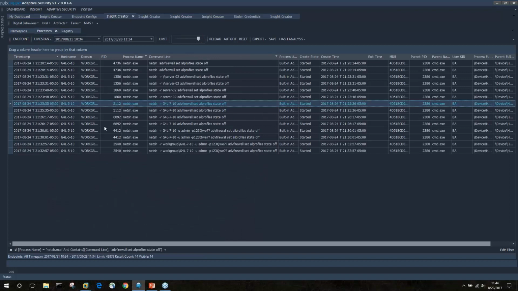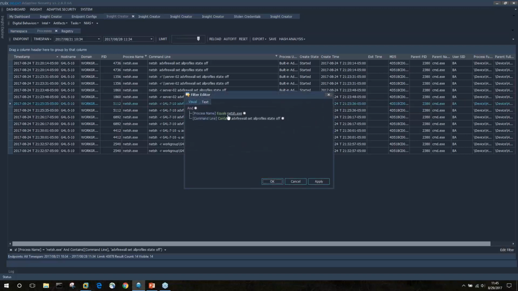Another tactic that we might see is the use of a networking utility, a Windows command utility, to turn off the firewall. We can hunt for that by just looking for any time that we have that process running, this net process, and the command line contains this particular command right here, which indicates that the firewall has been turned off.